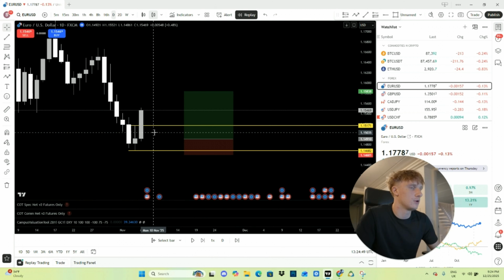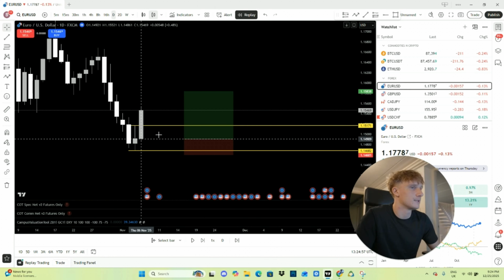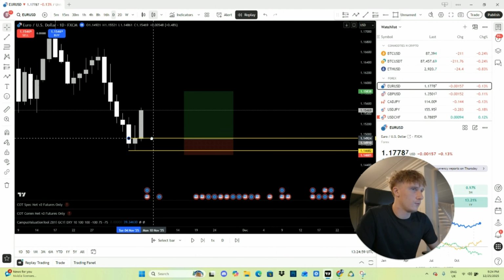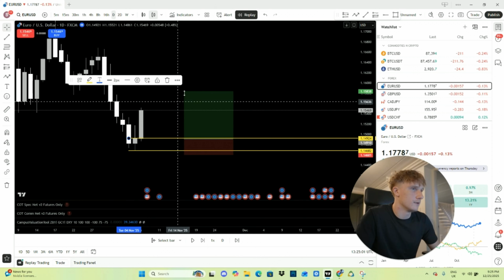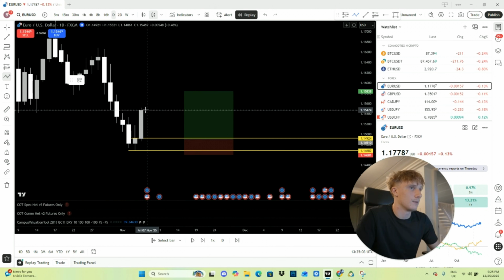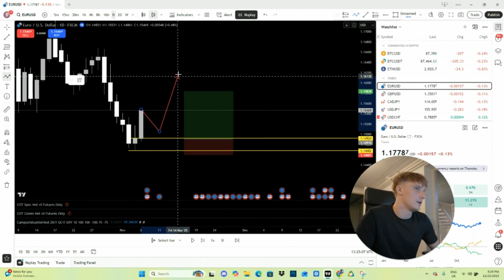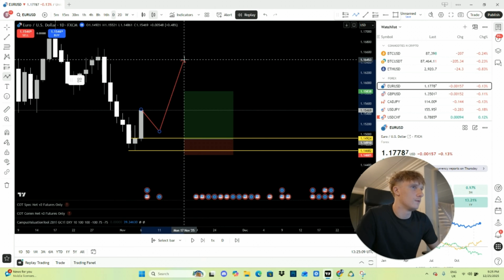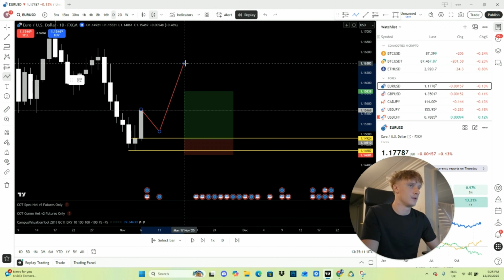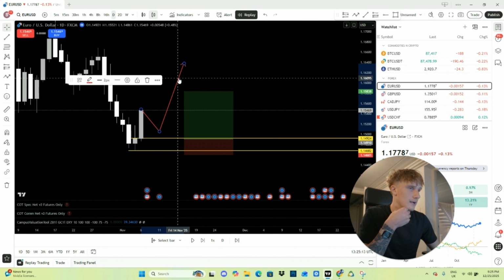It could be here, it could be here, it could be all the way down here. We don't know exactly where, but we know it's somewhere in here. So if we use the preferred version, there is a risk that price is going to come down, tap into our wider version, and then move, and we miss the move, right? So that is your trade-off, okay?